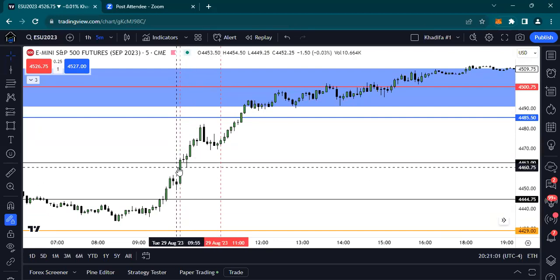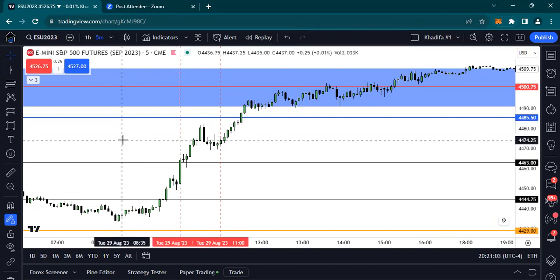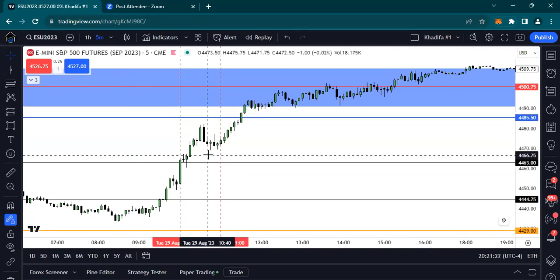A fair value gap. For you guys that know about the silver bullet model, you know that the silver bullet is basically traded from fair value gap to fair value gap or to an area of liquidity, right? Whether that be buy side liquidity or sell side liquidity, right?